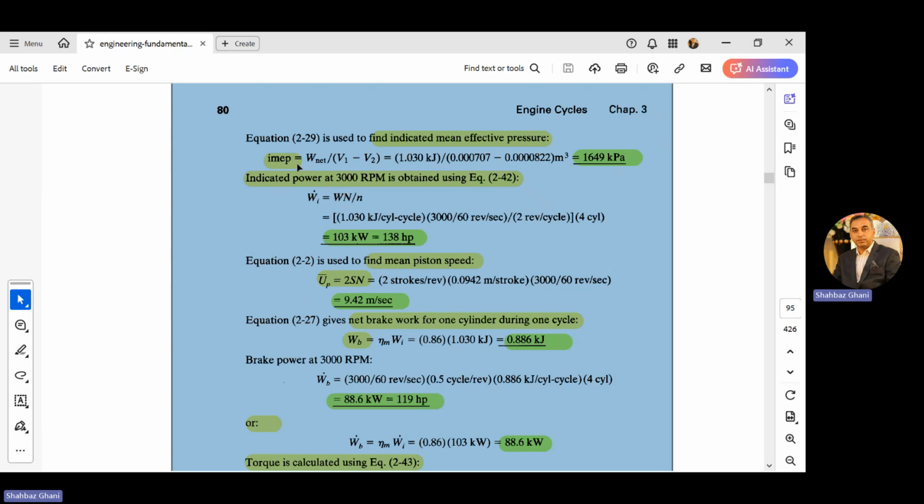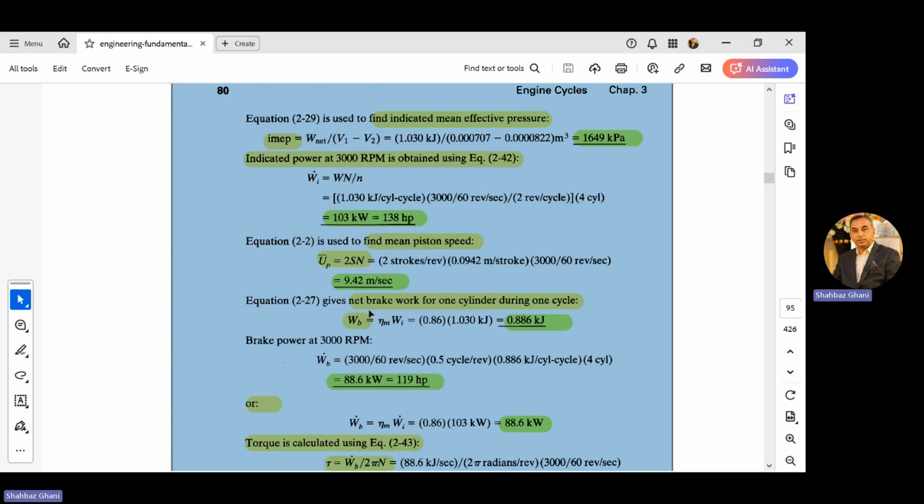Now we have found the indicated mean effective pressure and indicated power. Now finding the mean piston speed, U p bar is equal to 2 times stroke times number of revolutions. Putting the values of the stroke and the number of revolutions per second, we found it is 9.42 meters per second, and the range is 5 to 15 meters per second. Okay, so it is well in the range.